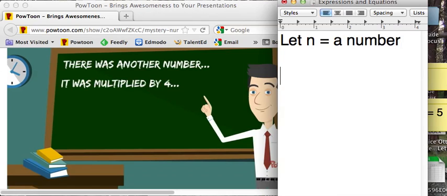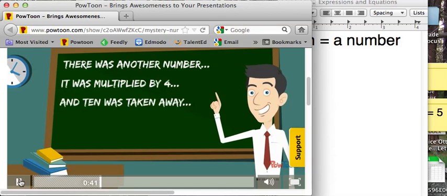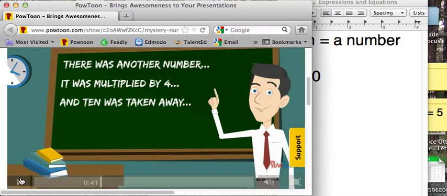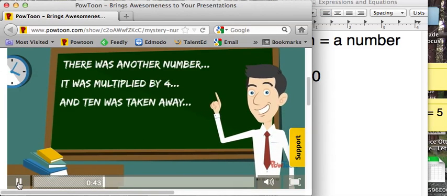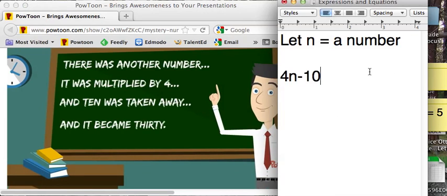It was multiplied by 4, so we just write 4n. Ten was taken away, so we subtract 10. It became 30, so we write equals 30.